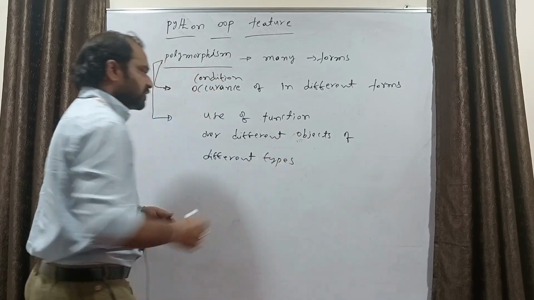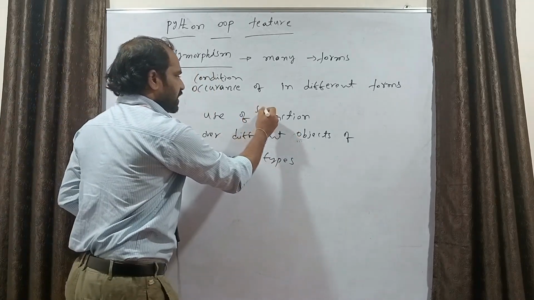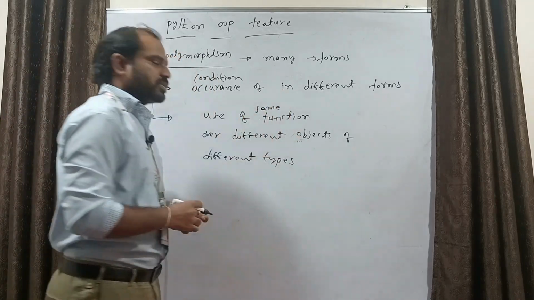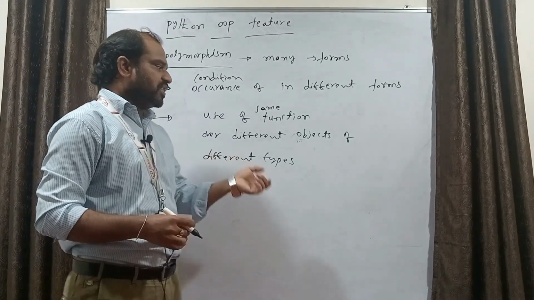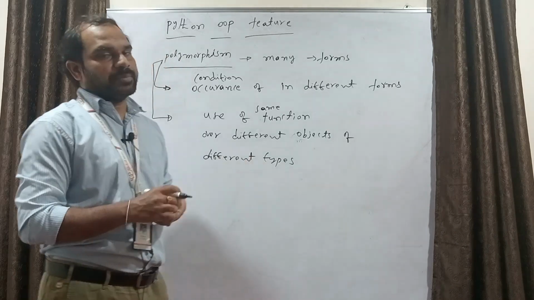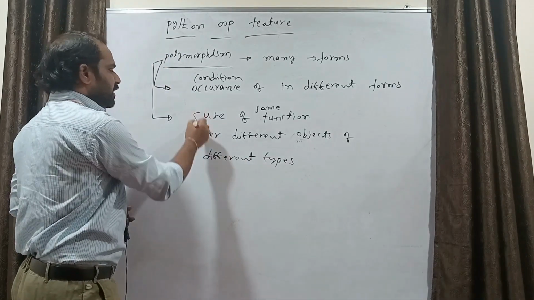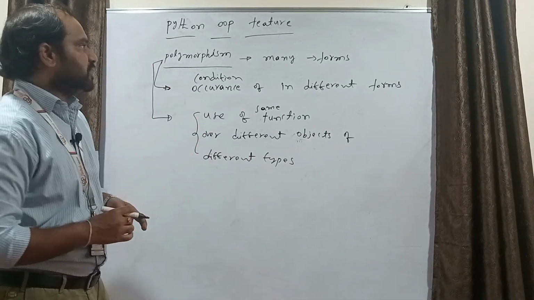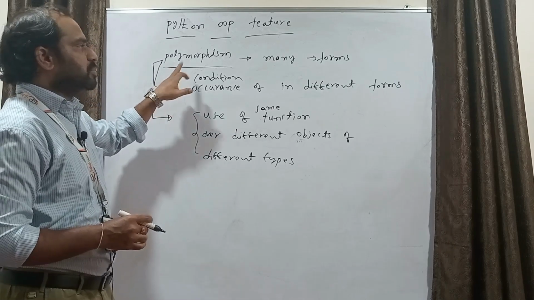The same function will behave differently depending upon objects of different types. This statement we can use to explain polymorphism in code.